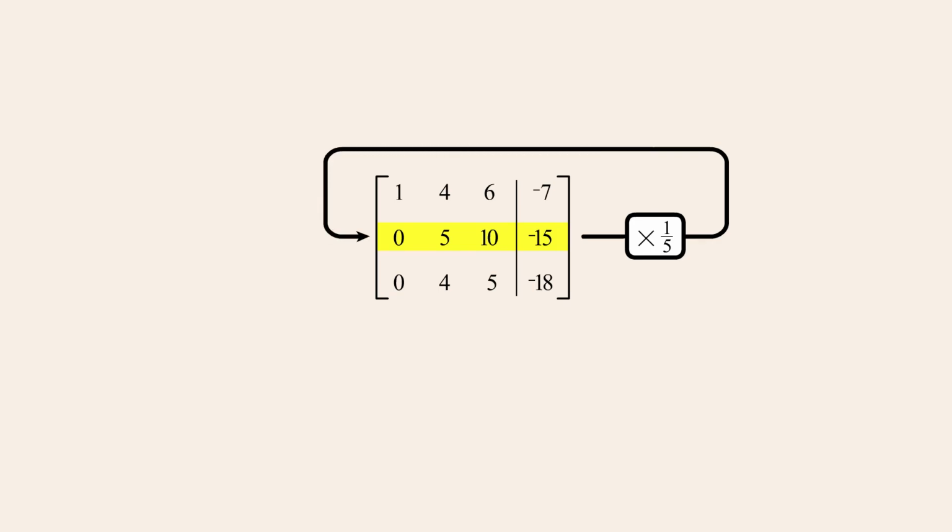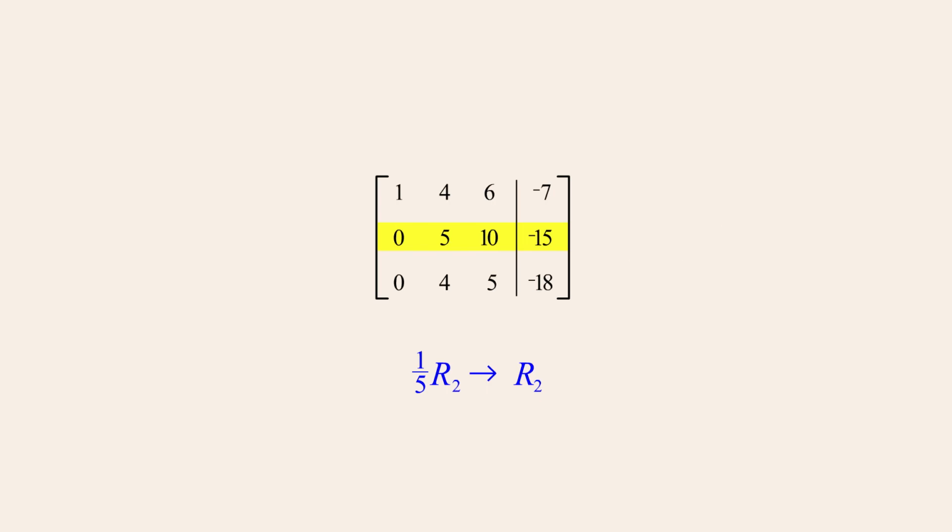As we saw in the previous lecture, this is notated by writing 1/5 times R2 followed by an arrow and R2. Multiplying row 2 by 1/5 changes the leading entry of the second row to a 1.